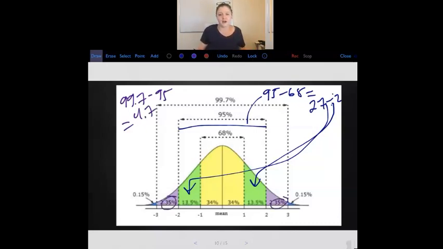Okay. And now recall that everything under the curve represents the entire data set here. You might even have read or seen in some of the homework problems that the area under the curve is 1. And that's if you take these as decimals rather than percentages. Okay, so if 99.7% of the data has already been accounted for, in order to find these blue sections, you would take 100 minus 99.7.